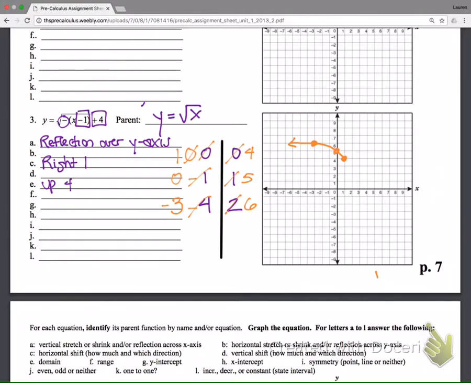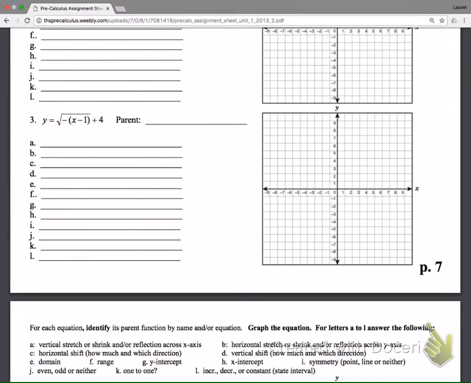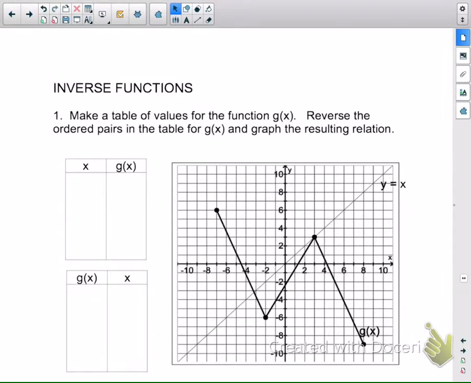Okay? So what I would like for you to do at your tables is practice 4, 7, 8, and 10. 197 is where we're at for this. Inverse functions, the main thing you need to know, this switches x and y completely.